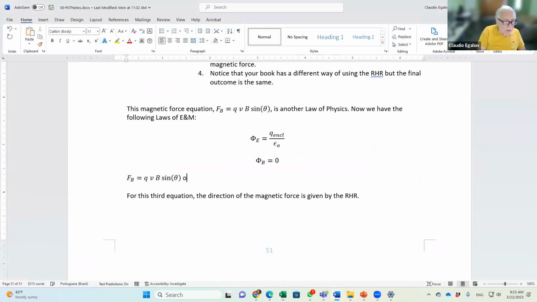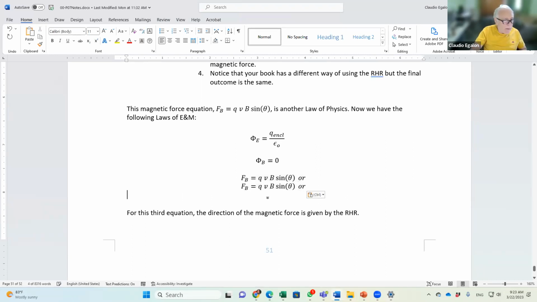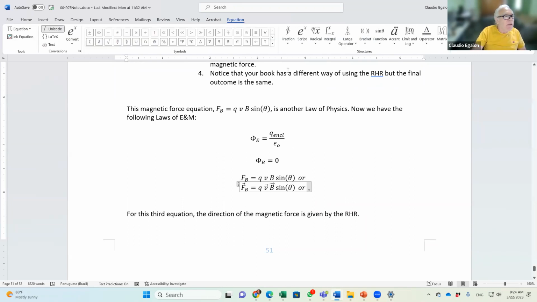In a vectorial fashion: Q, V, and then we're going to have the B vector as well, and we must have the vectorial product here.